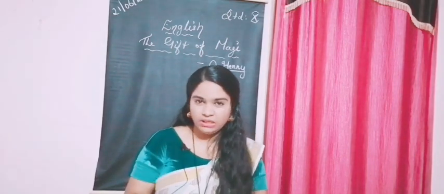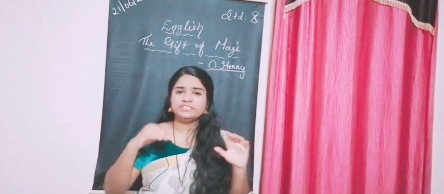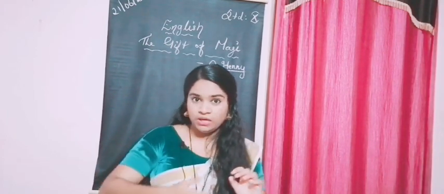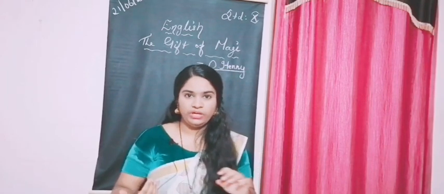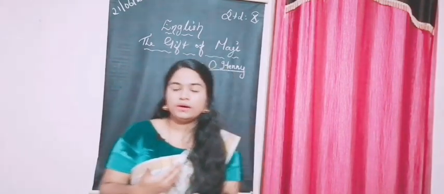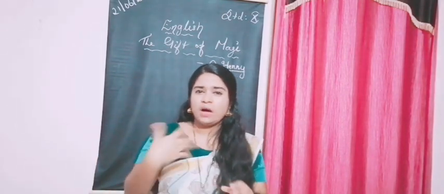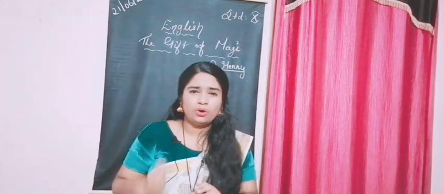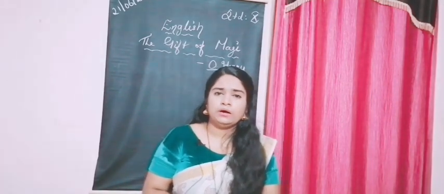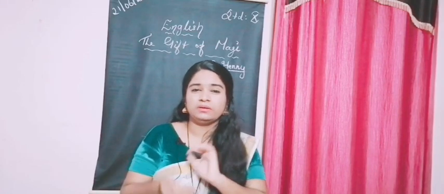So let's start. Here they are basically trying to explain the situation she is facing, and what her emotion was after counting. As I told you, the first para is telling us that the amount she saved with a lot of pain and effort was not actually enough for her.